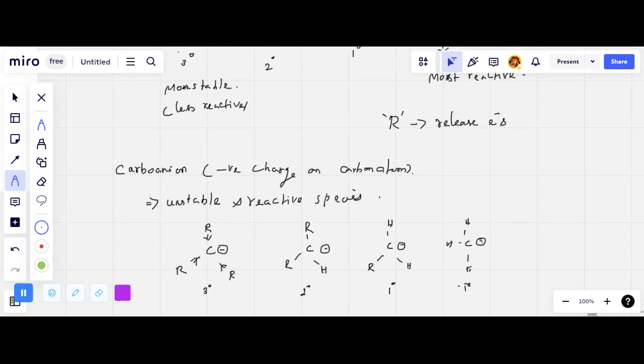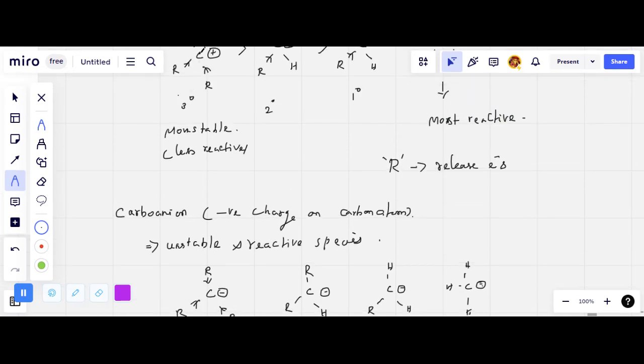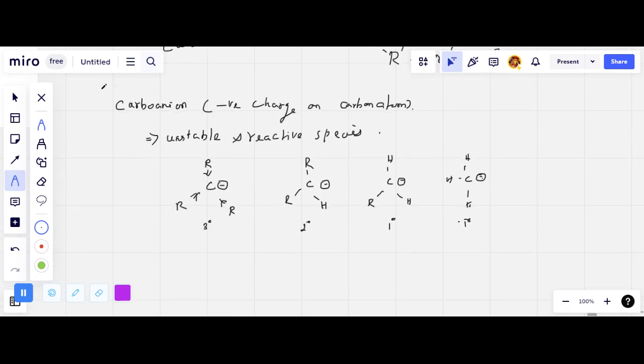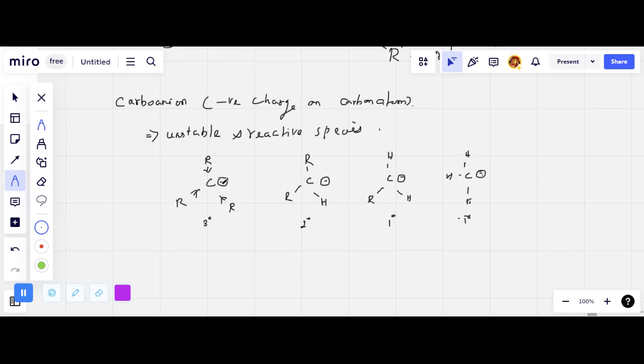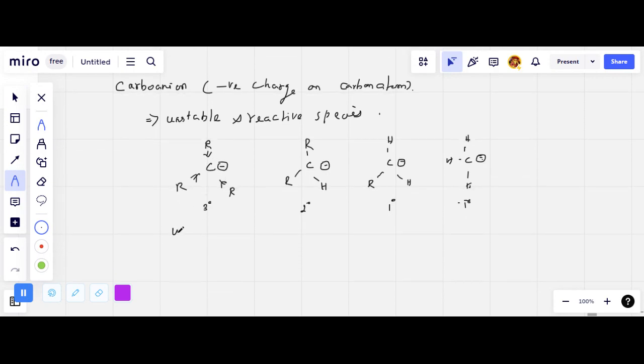Tertiary carbocation is the most stable. The reason is it's positive, and releasing electrons makes this carbon neutral, so it is a stable one. But here, this carbon has a negative charge, so if all three alkyl groups release electrons, this carbon becomes unstable. So this is most unstable.